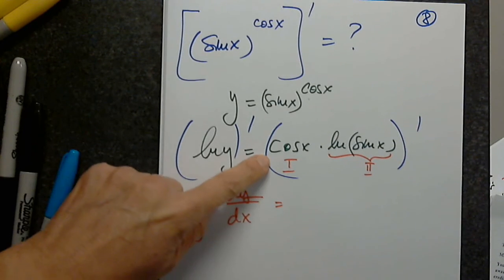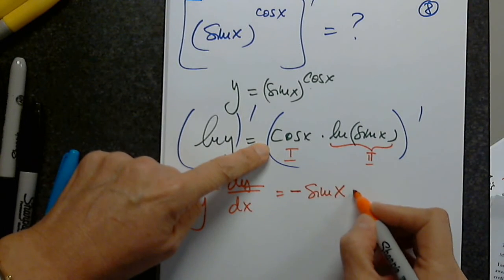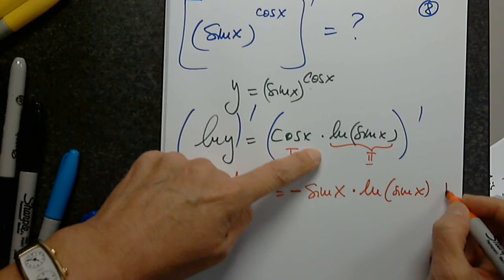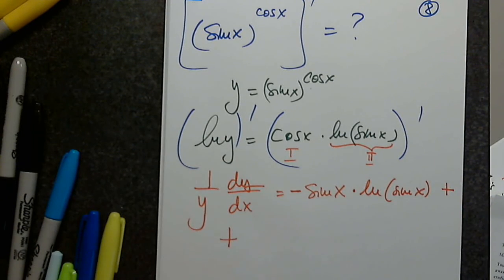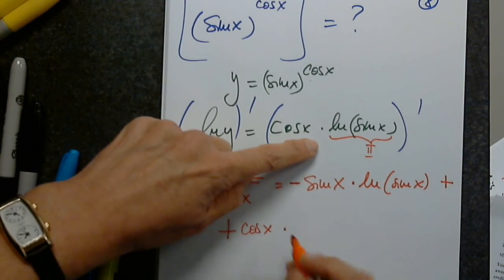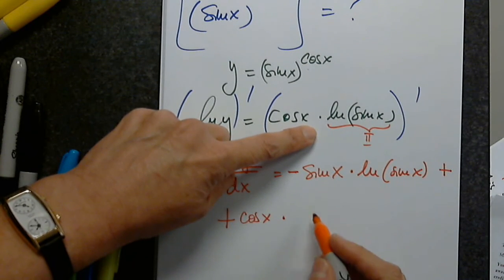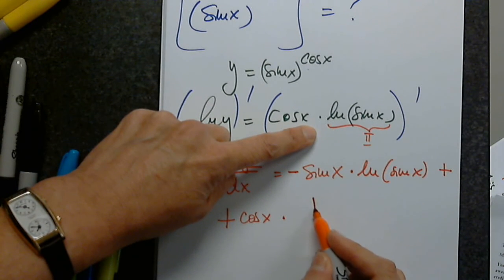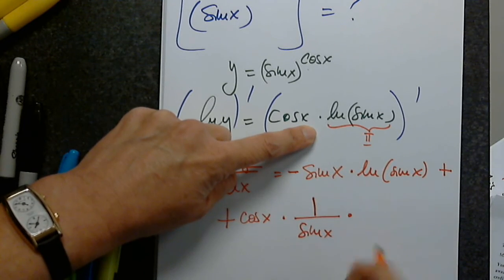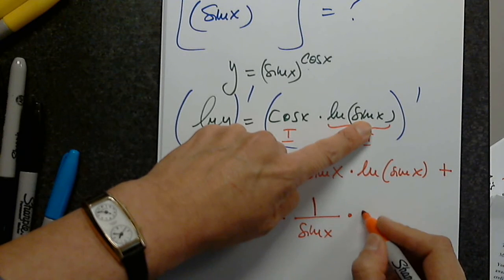The first one prime is negative sine x times natural log sine x and then plus. Now I keep cosine x and multiply by natural log sine x prime, which is 1 over sine x times sine x prime, cosine.